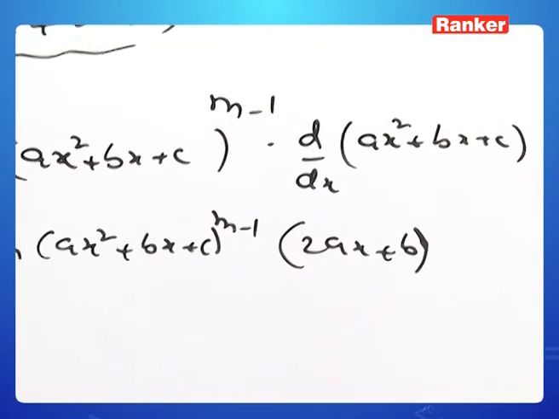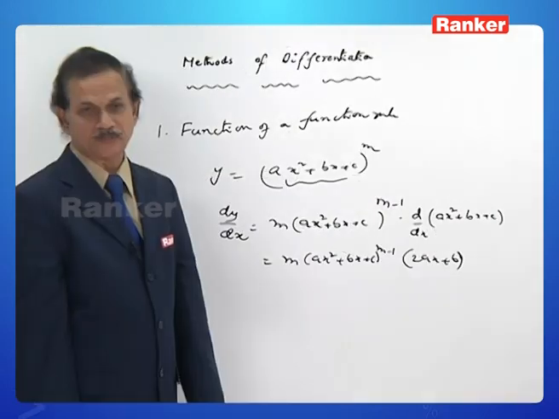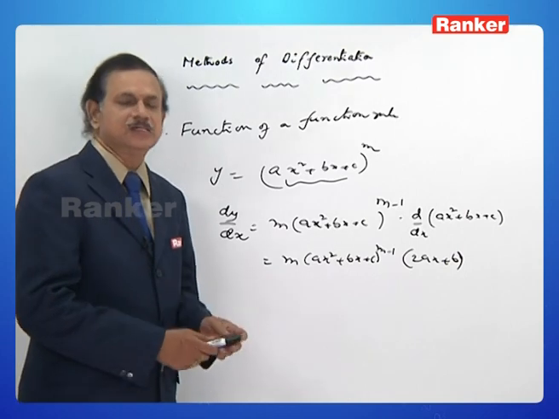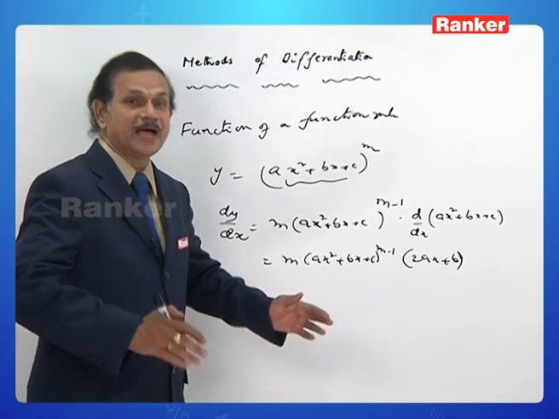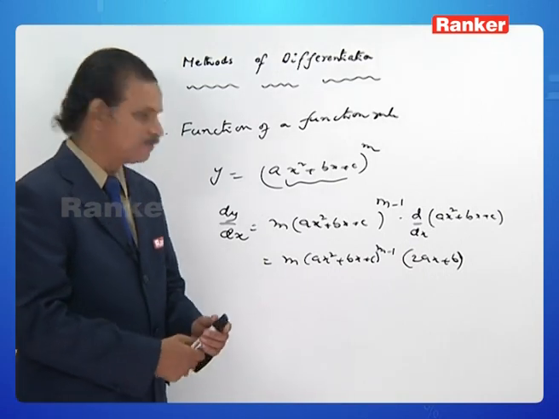Hence, the total derivative is m into (ax square plus bx plus c) whole to the power of m minus 1 into (2ax plus b). And as we could just discuss, it is very easy and we are habituated with it. We are acquainted with this very much.